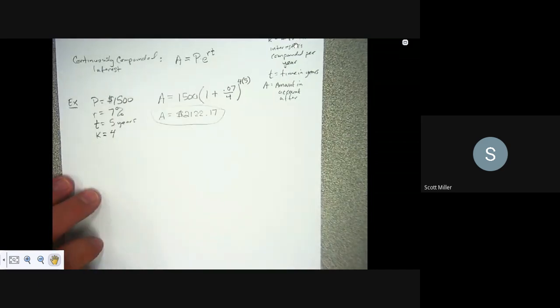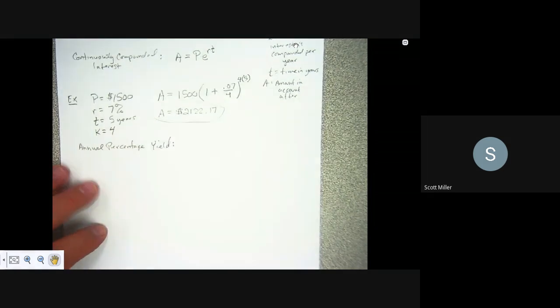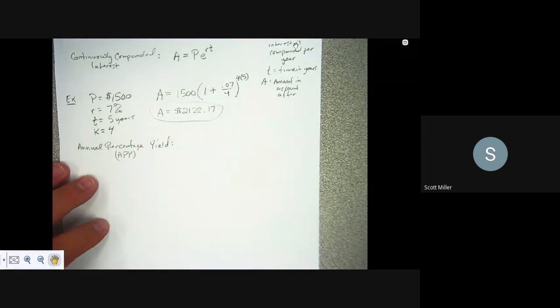Another thing we want to talk about, as we're getting to more advanced concepts, is what is this thing called an annual percentage yield? When you start going out in the real world and start looking at loans and comparing things, you're going to see this terminology. They abbreviate it as APY, annual percentage yield.